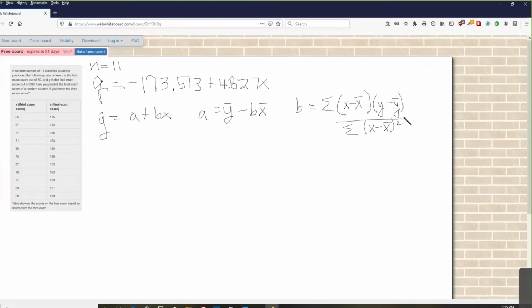And the best fit line is always going to pass through the point of the mean of x and the mean of y.